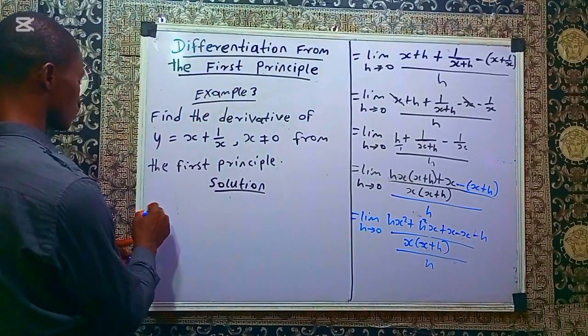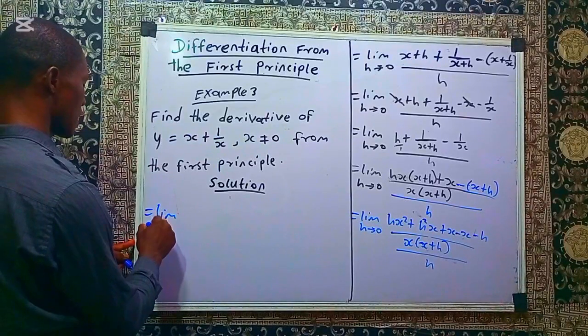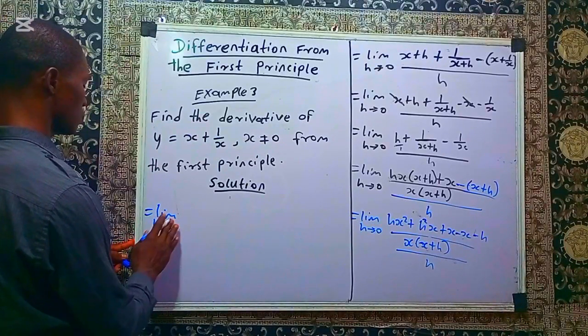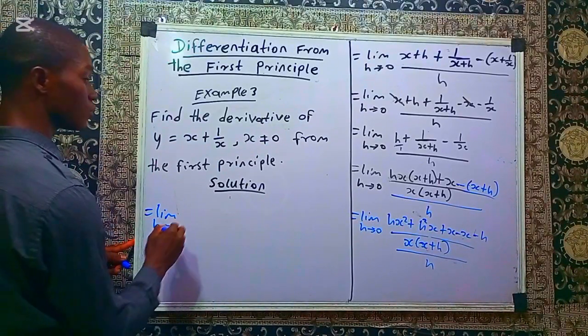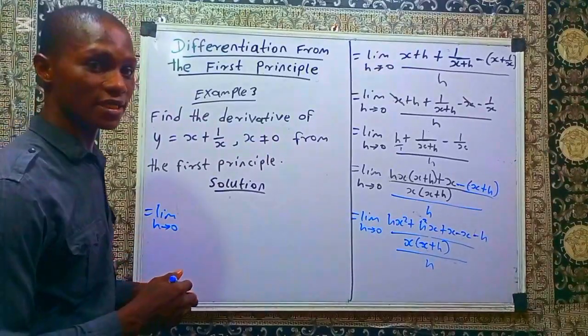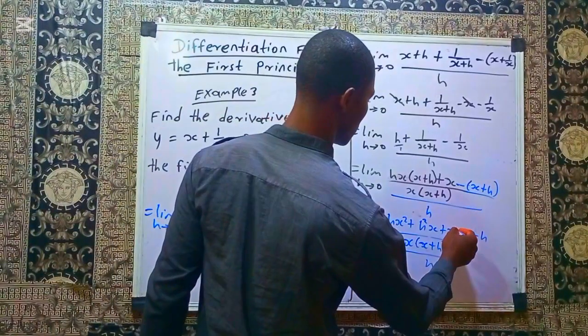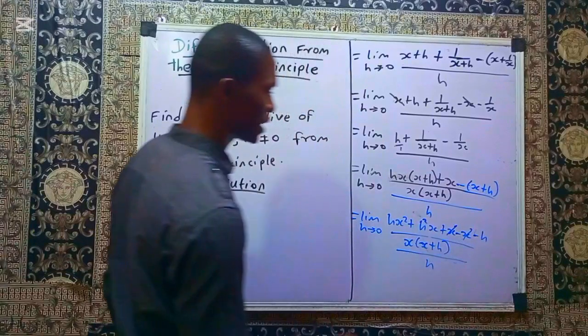So this will be equal to the limit as h goes to 0. So we can check some things can cancel. X can cancel minus x.